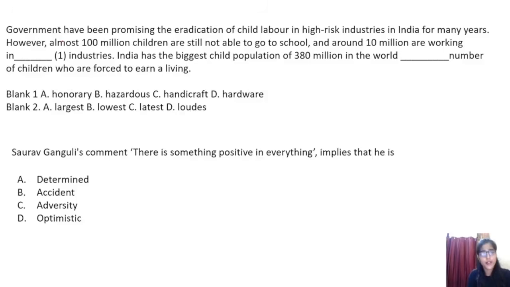Okay. So government has been promising the eradication. Or try to memorize this vocabulary part. Eradication means removal, right? So try to memorize these sort of things. So government has been promising the removal of child labor in high risk industries in India for many years. However, almost 100 million children are still not able to go to school, and around 10 million are working in dash industry. So honorary, do you really think that honorary will be a suitable word to be placed here? Because here we are talking about something negative.